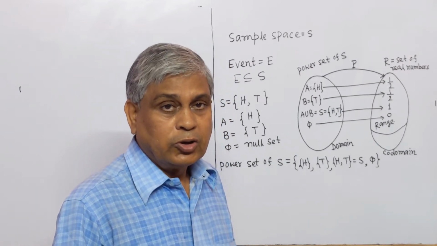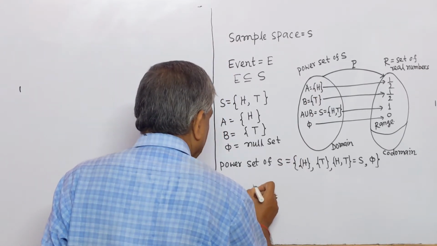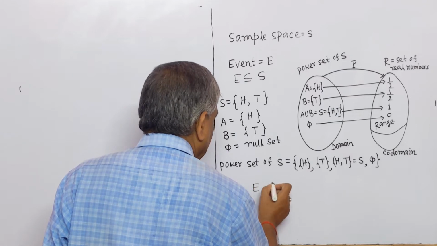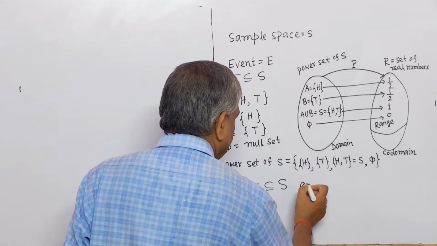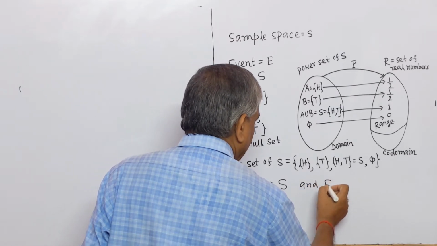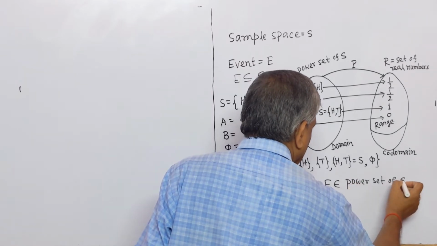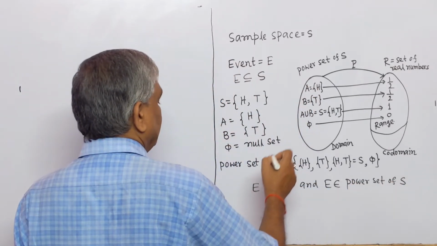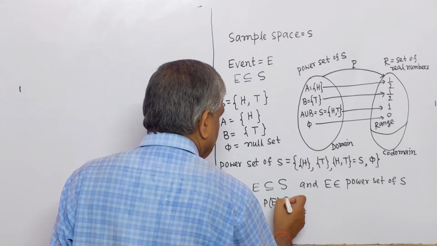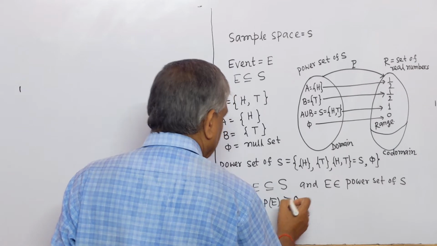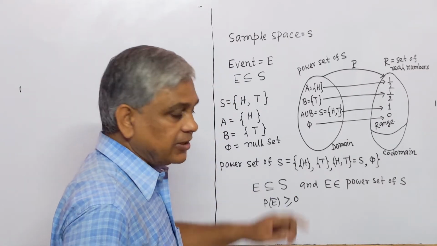Also, if E be an event, that is E is subset of sample space, and E belongs to power set of S, then number 1, P(E) greater than equal to 0. The functional value of E is greater than equal to 0.